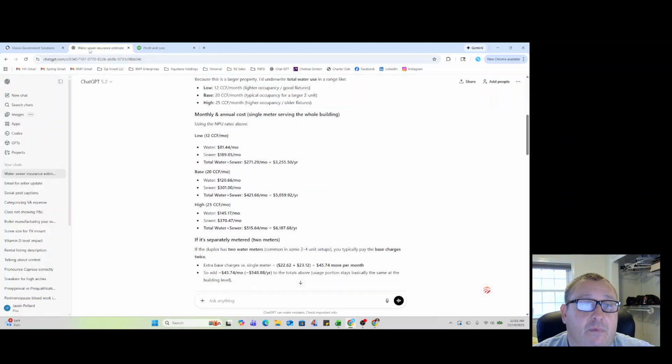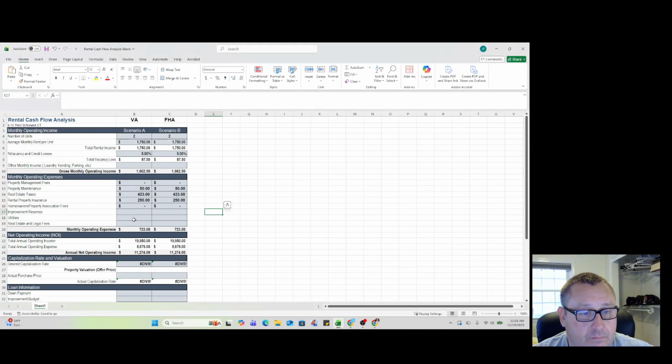So 250 a month. They're saying 271 on the low side, I'm paying 250, so you see they're on a little bit of the higher side. So let's say 300, right? We'll say 300 a month just to be safe here. There is no common electric in this property, so we're totally fine there.